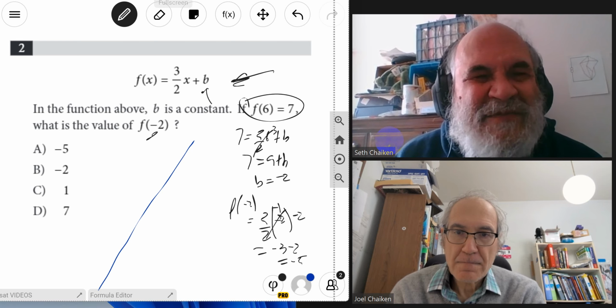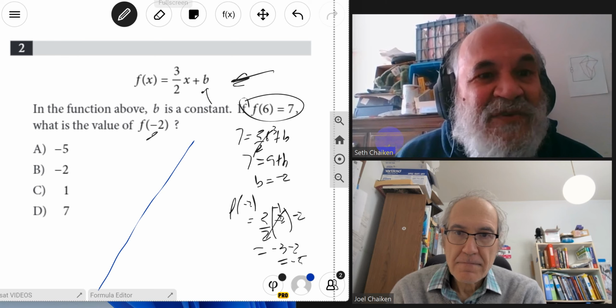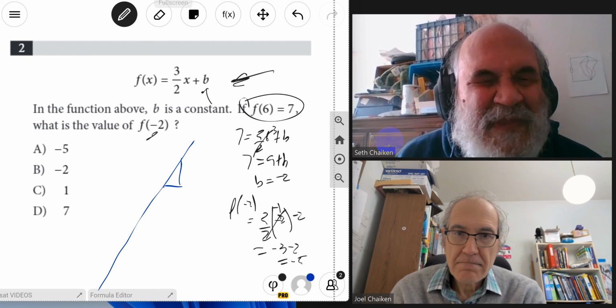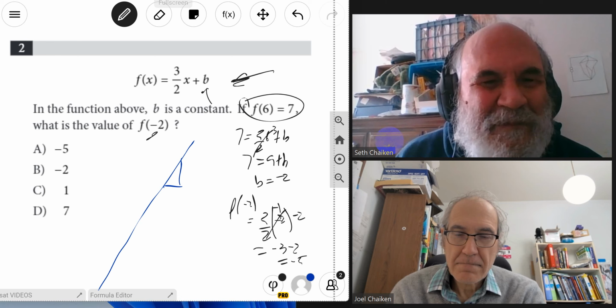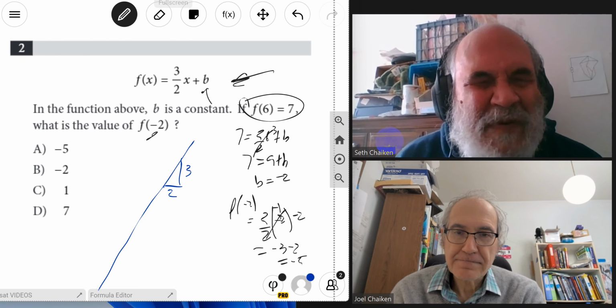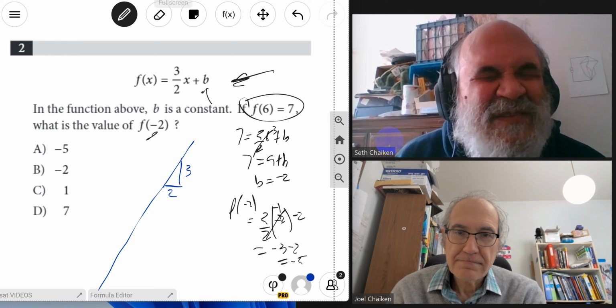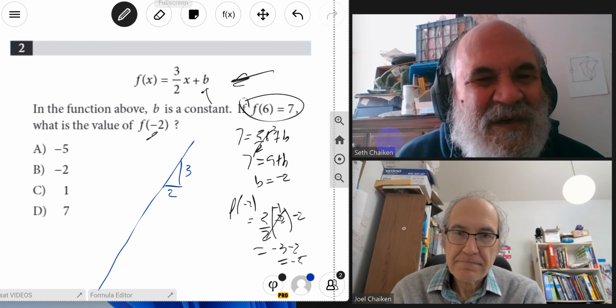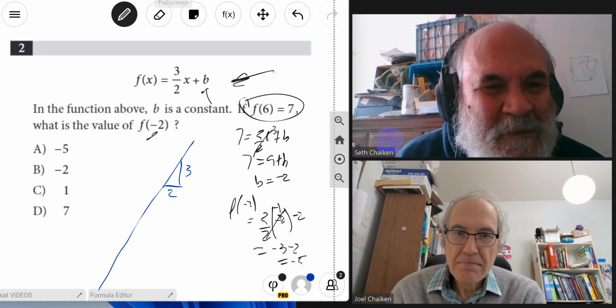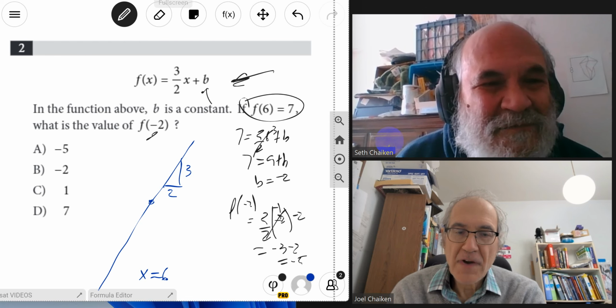The 3/2 tells you that the slope of the line is 3/2. Now, they tell you the value of the function at x equals 6.